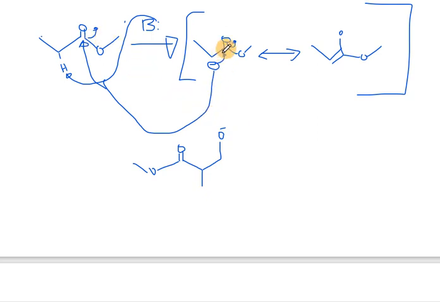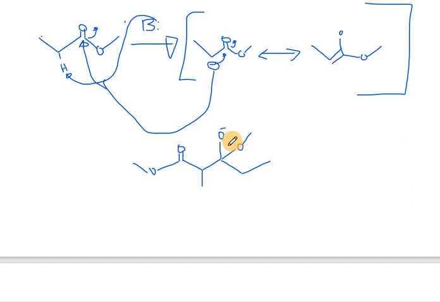Then it will have an extending methoxy group, which is this one. Then the remains will continue like that. So this is the joining. Basically this is where the intermediate is formed.